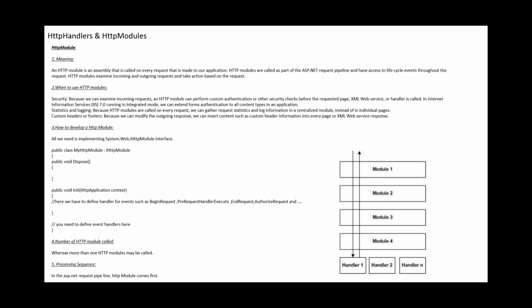All those modules will execute one by one, checking whether the request is valid or not, and if any vulnerability is there, you can handle that kind of thing in your modules. You can have n number of modules in your application. All modules will process the incoming request, whereas for handlers it is one request, one handler. The request has to pass through all the modules, but only one handler at a time.